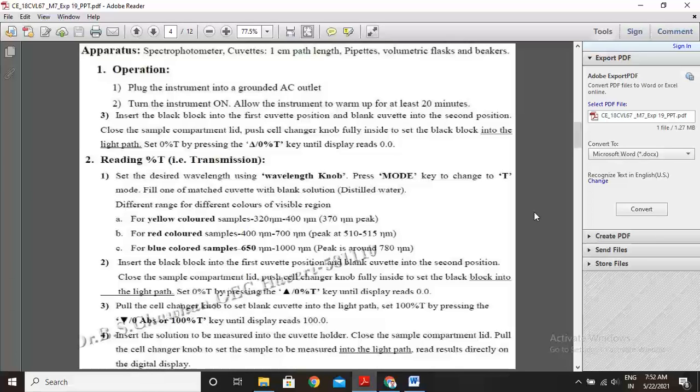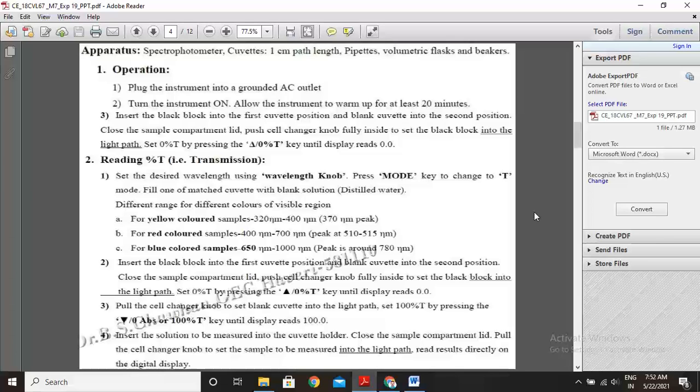Push cell changer knob fully inside to set the black block into the light path. Now set percentage T by pressing the up and down of the percentage key until the display reads 0.0. So this is how to operate the instrument in the first step.